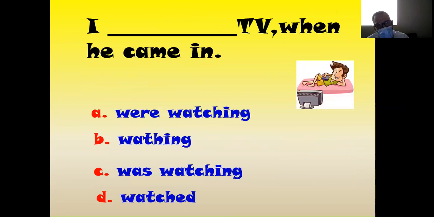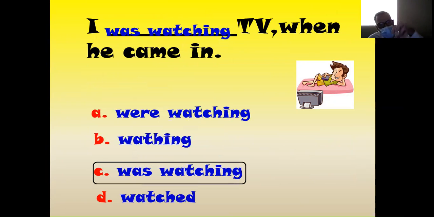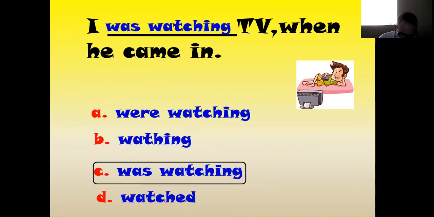I was watching TV when he came in. Of course, this is a long action, or the action which took place. It's not short, but took a period of time in the past.